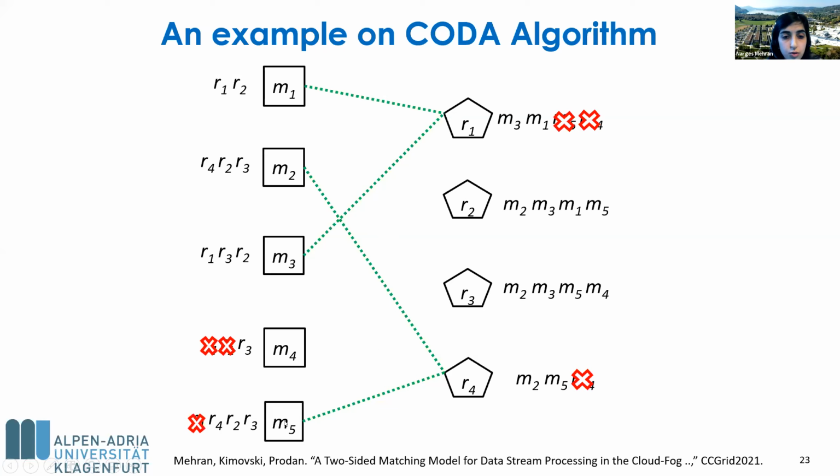As you can see, because of the stable matching, we also have to remove the other microservice from the list of R1, so that in the next step, M4 is trying to be matched to R3. R3 has also previously ranked M4, and because its other choices have already been matched to other resources, it accepts to be matched to M4.